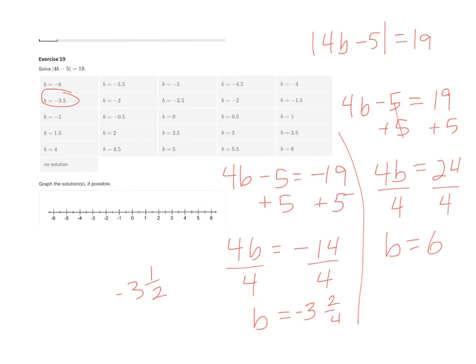Where is my 6? There it is. What would this look like if you graphed it? Negative 3.5 would be right there. Positive 6 would be here. So now if I added 6 and 3.5, that would give me 9.5 divided by 2.